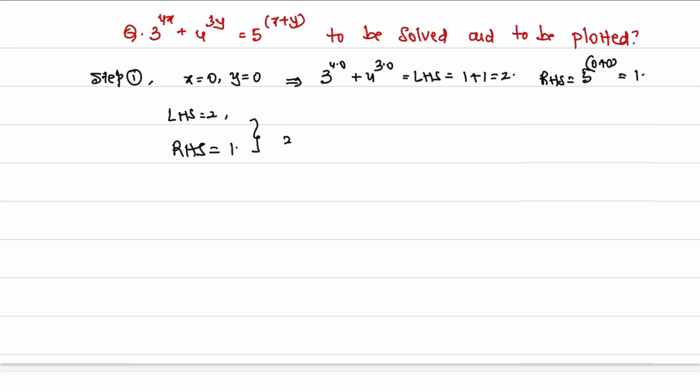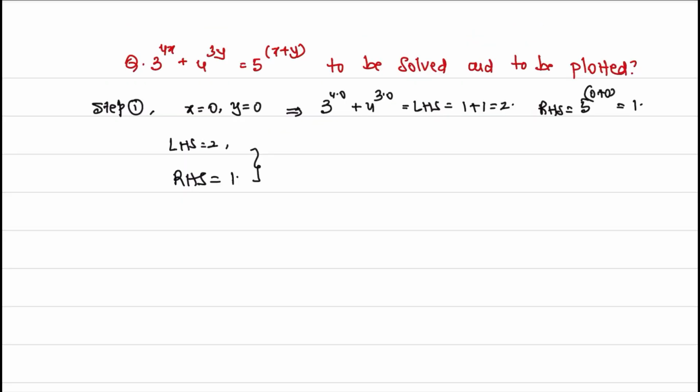Both are not equal. Here, left hand side is equal to 2, right hand side is equal to 1, which implies left hand side is not equal to right hand side. That means x is equal to 0, y is equal to 0 is not a solution. This curve doesn't go through the origin. Next, step 2.